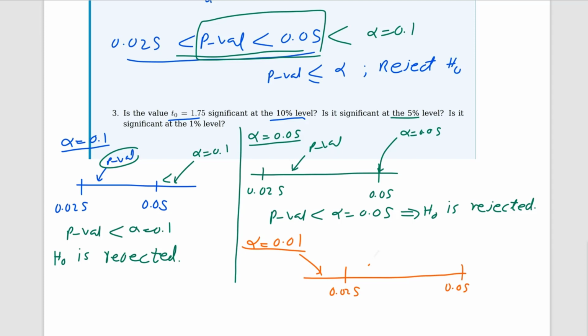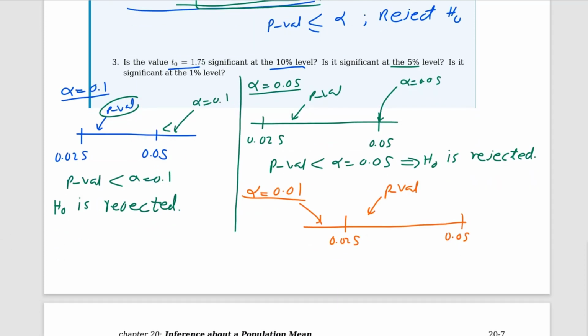So again we know the p-value should be in between these two numbers. Now what is the condition here? The p-value is now greater than alpha. Therefore our conclusion is what? H0 is not rejected.